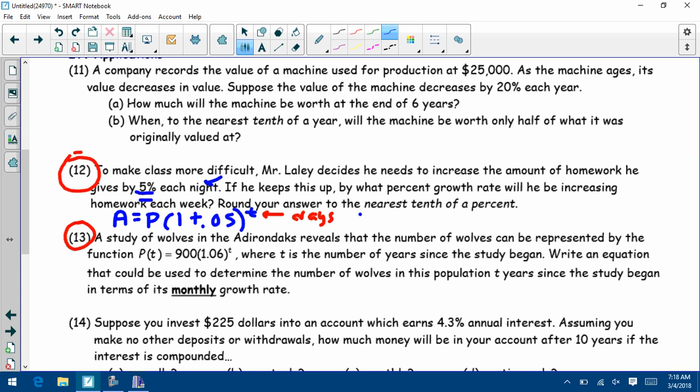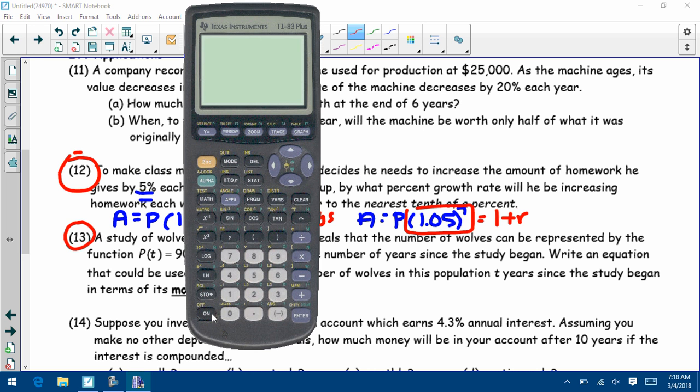So I would have A equals P times 1.05 to the 7th, and we would take this piece and set it equal to 1 plus R. So I would do 1.05 raised to the 7th, so that's how much I'd increase per week.